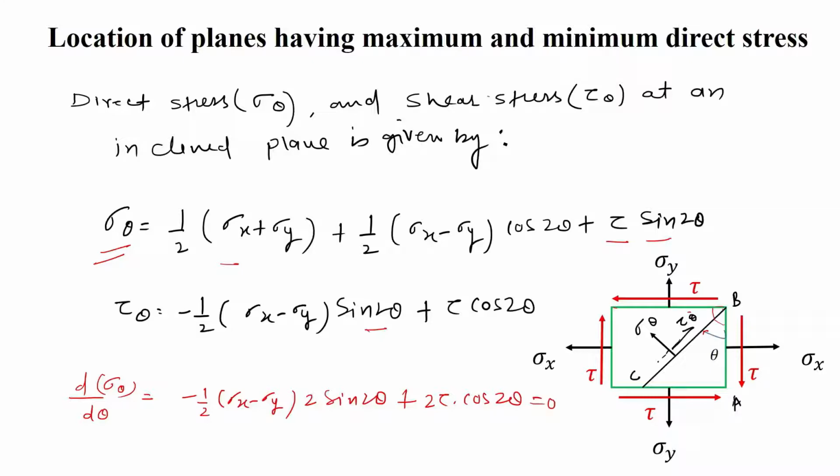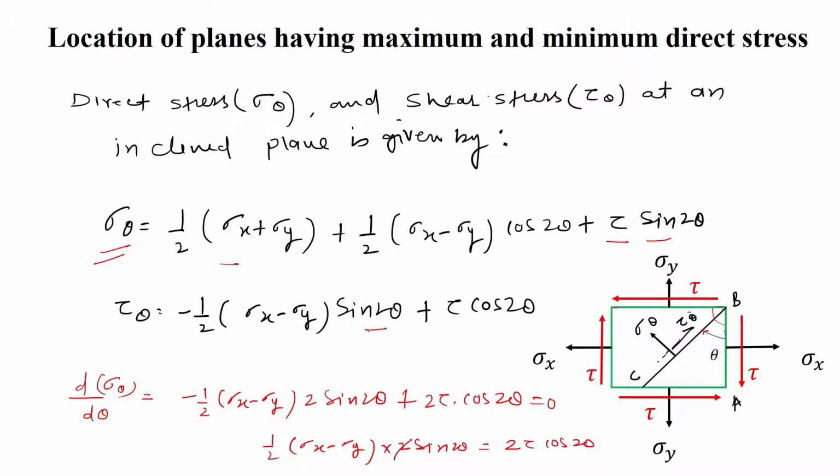If we equate this to 0, then 1 by 2 (sigma x minus sigma y) multiplied by 2 sin 2 theta is equal to 2 tau cos 2 theta.